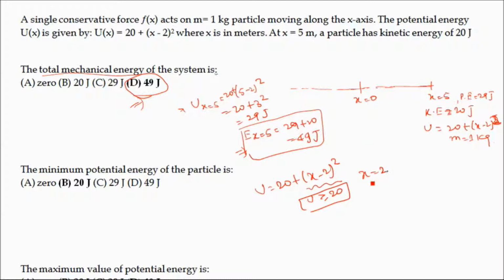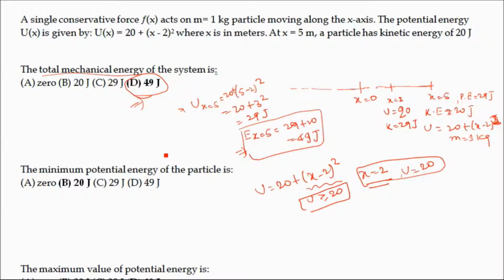So at x is equal to 2, we have the minimum potential energy, U is equal to 20 joule, and kinetic energy will be equal to 29 joule.